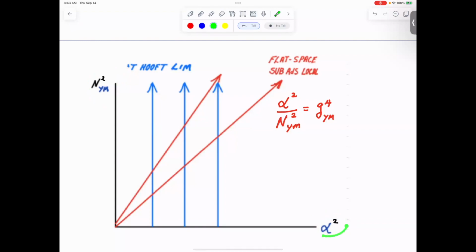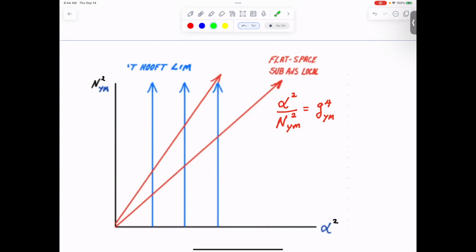In the 't Hooft limit, we hold the 't Hooft coupling fixed, and we go to large N. In other words, we move upward along these vertical trajectories till we get to asymptotic limits. That's the 't Hooft limit. We can consider the strongly coupled 't Hooft limit, which means we go far out to the right, but still move vertically upward.